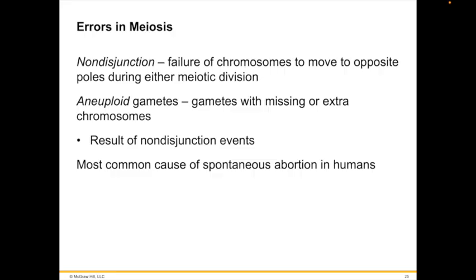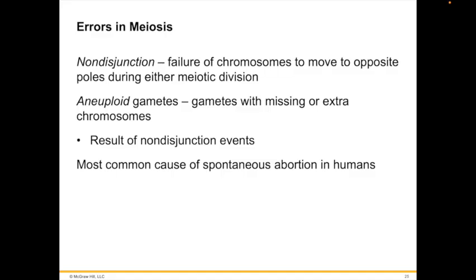Errors in meiosis. It's critical that meiosis is accurate because any failure will produce gametes with too many or too few chromosomes. The movement of chromosomes to the poles is also called disjunction. So failure of this is called non-disjunction, which produces one gamete that lacks a chromosome and one gamete that has two copies.